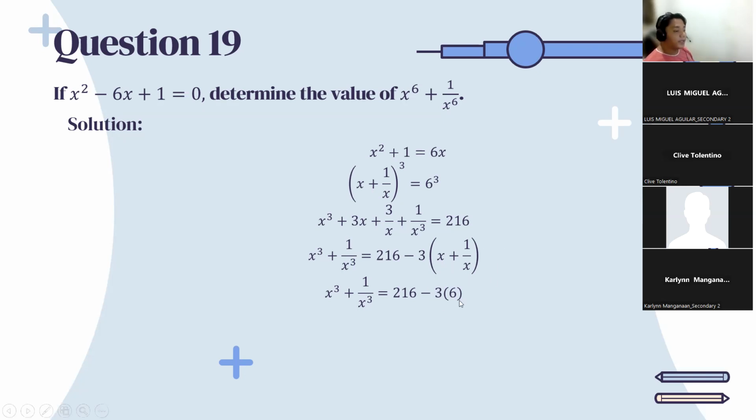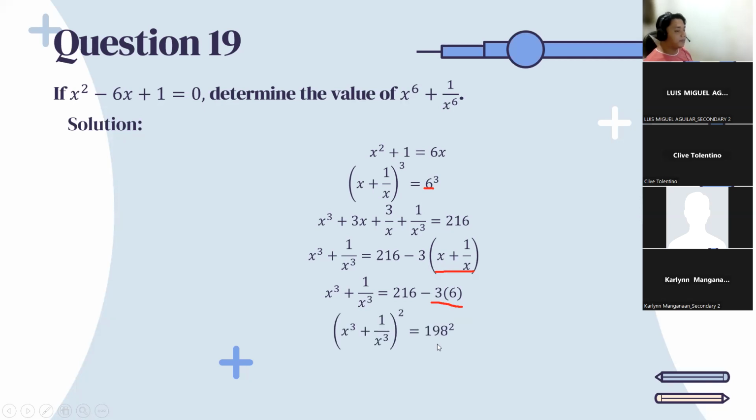Okay, so here we have minus 3 multiplied by x plus 1 over x. We substituted the value here, which is x plus 1 over x is equal to 6. So that's why we have 3 times 6.